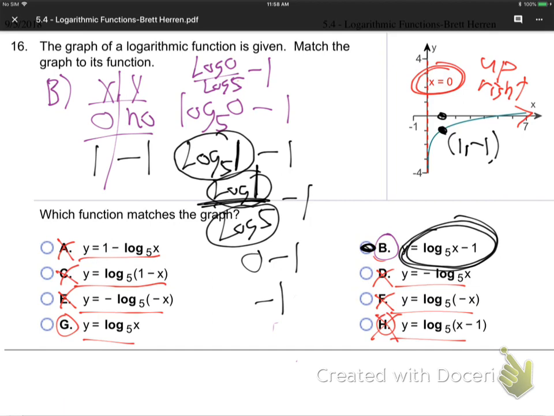Log of 1 is 0, minus 1 is negative 1. So I got that value, negative 1, and found that, indeed, over 1, down 1 is a point on the true graph. So B is the true equation producing that graph. We good? All right, glad to help.